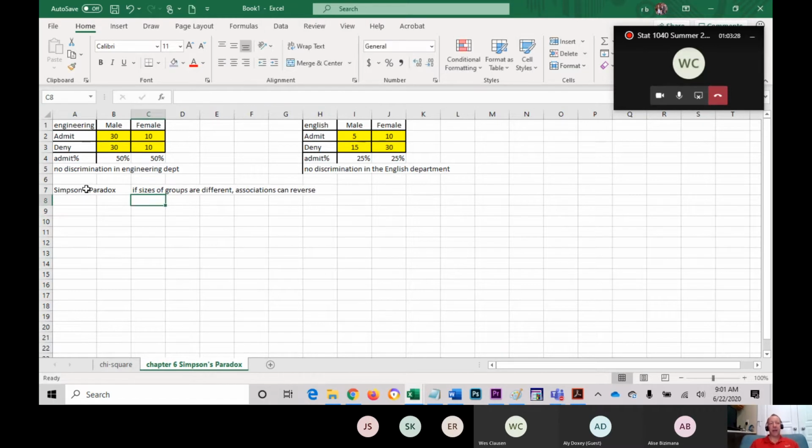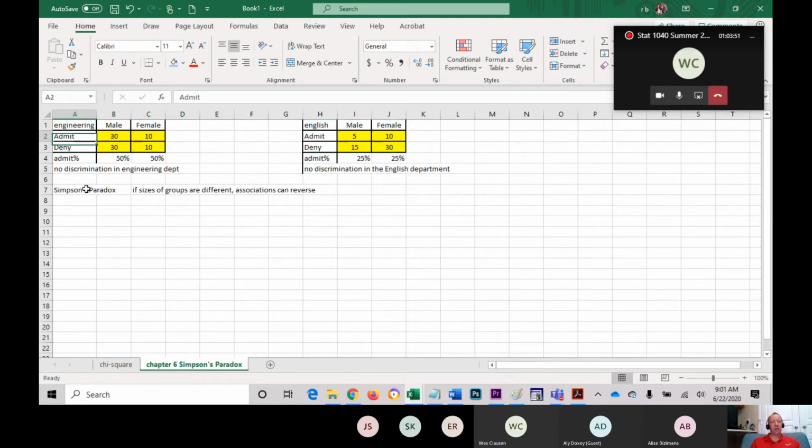Now here's actually what happened at, I'm going to try to make this work. And in fact, this is what happened at Cal Berkeley. The way we did this, I purposely did this so that the admit rates aren't the same, but they are equal between men and women, okay?